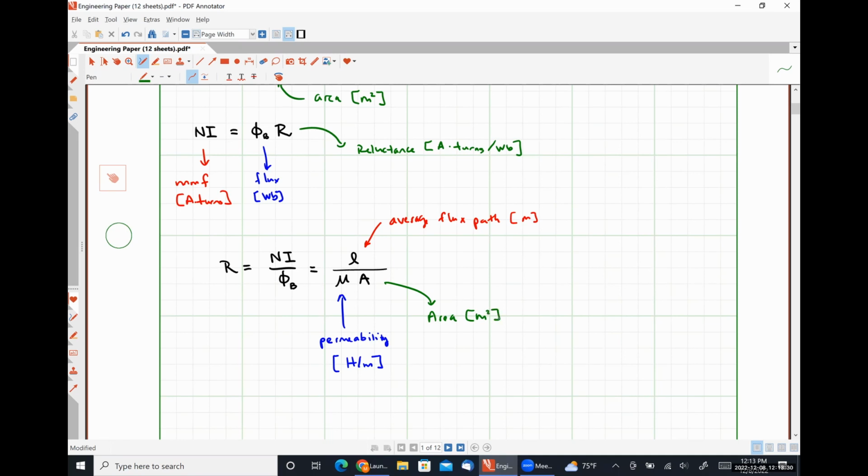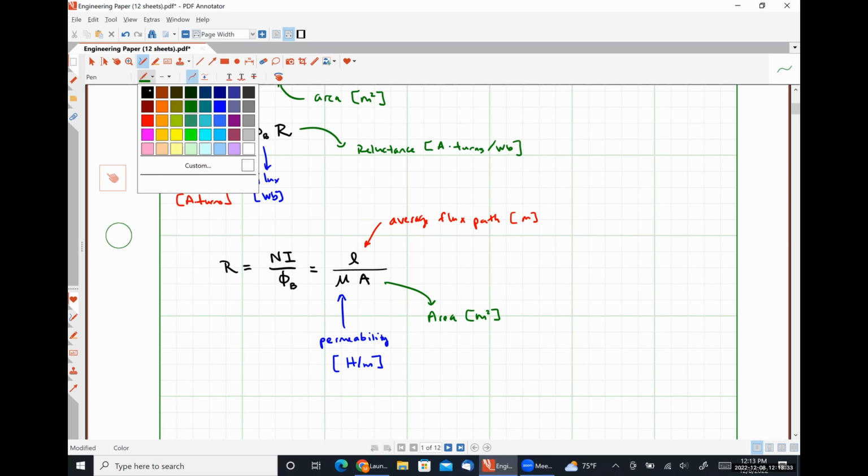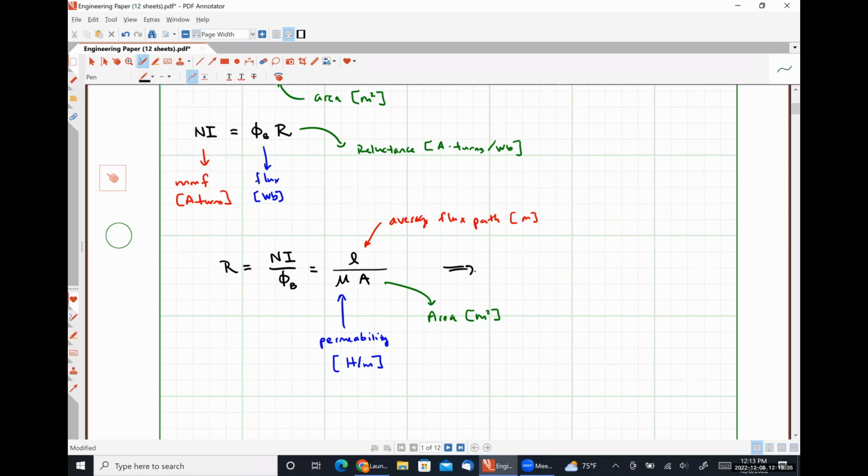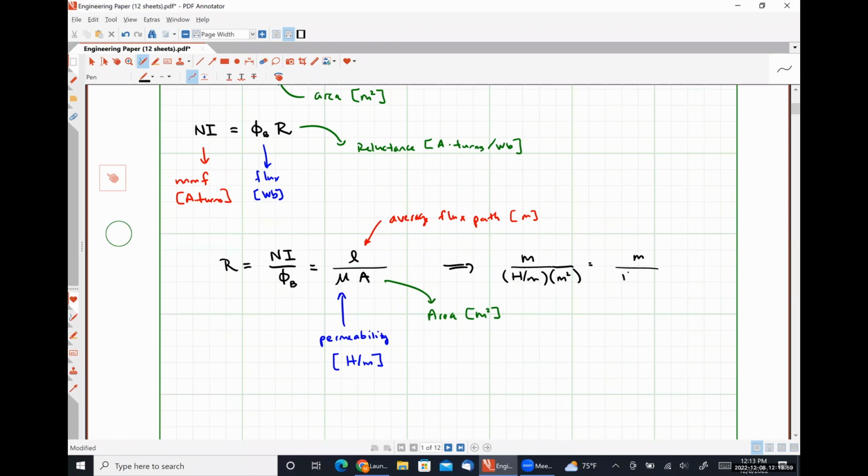So if we look at these units for these different quantities, what we'll find is that we have meters per Henry per meter times meters squared. So that's going to look like meters per Henry meters, or 1 over a Henry, right?